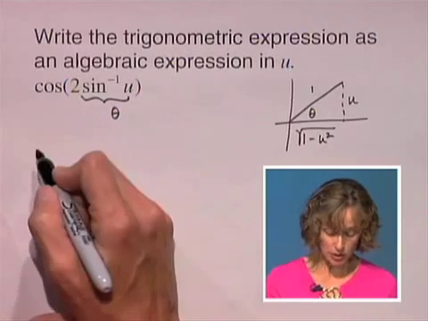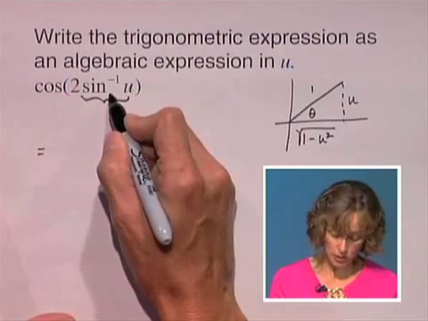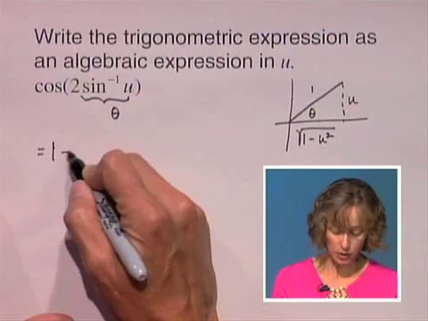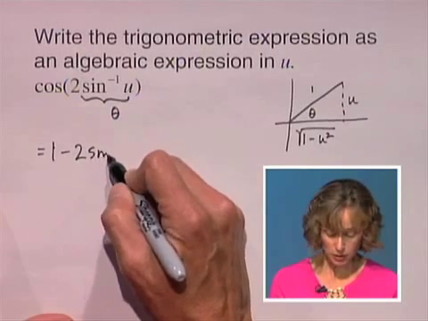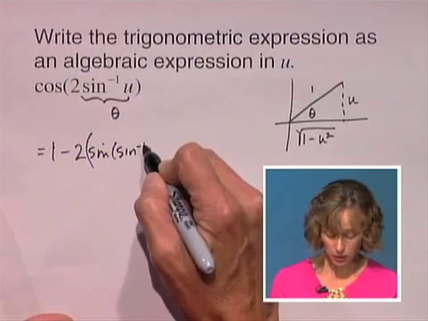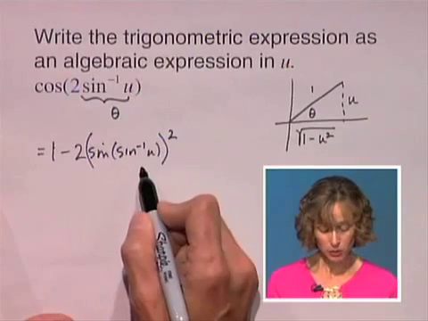Applying the cosine double angle identity, the cosine of twice some angle is 1 minus twice the sine of that angle squared, and we can simplify from that.